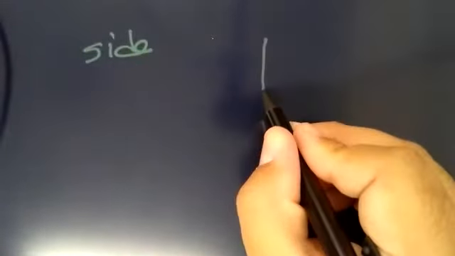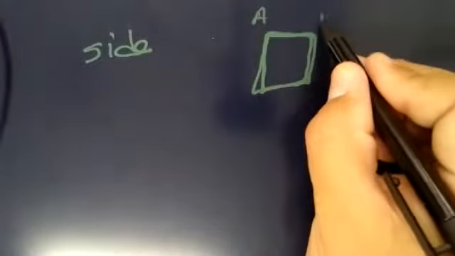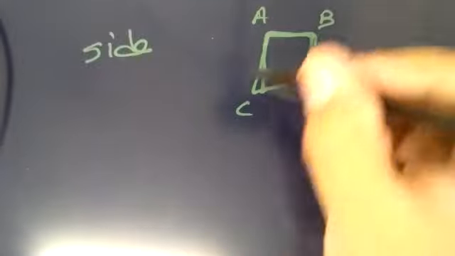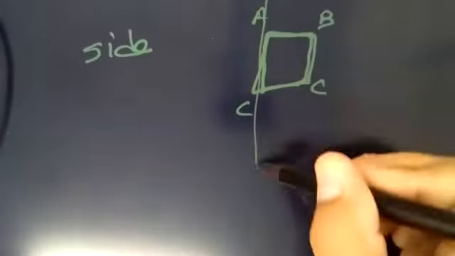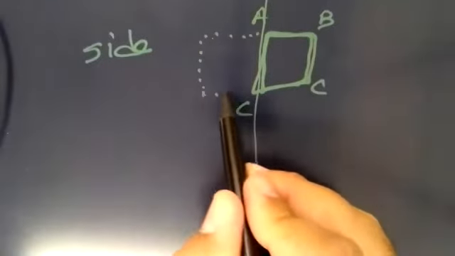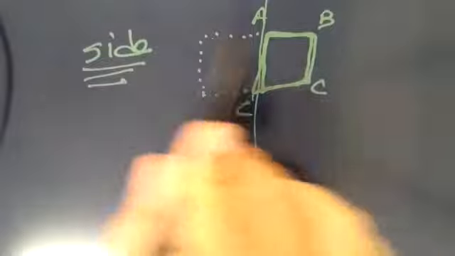So if I give you a square, and this square is A, B, C, and D, and I tell you it's reflected on the side of AC, that means it's this one here. Then if it's reflected on the side, your image should be like that. Do you guys see it? Now, this is on the side, very important to understand that.